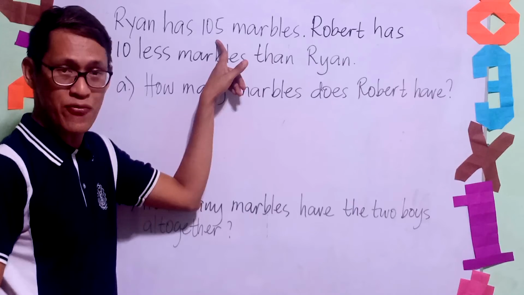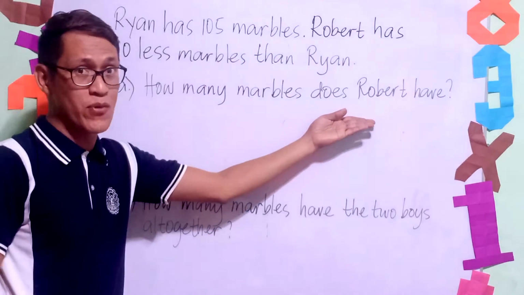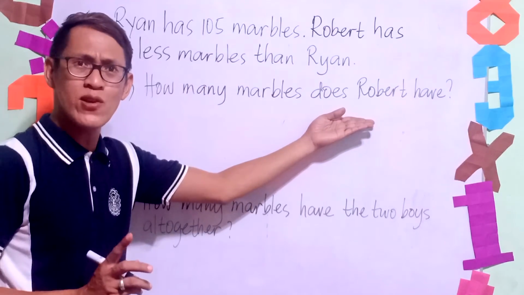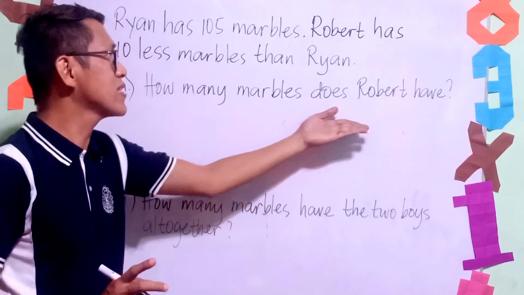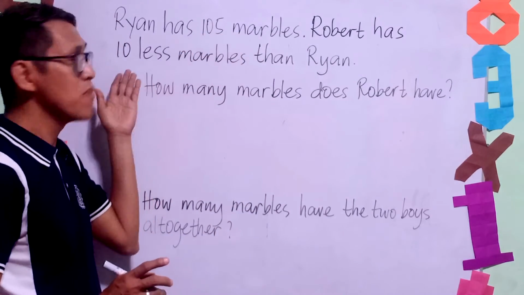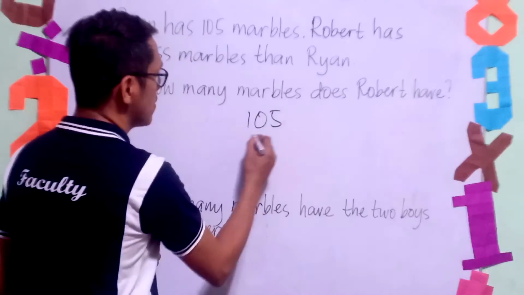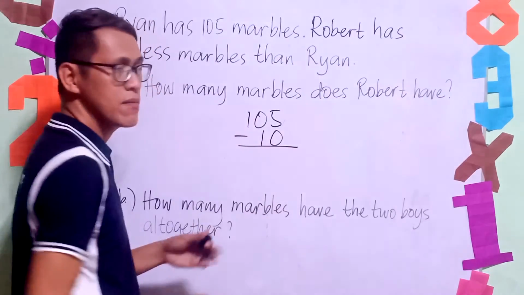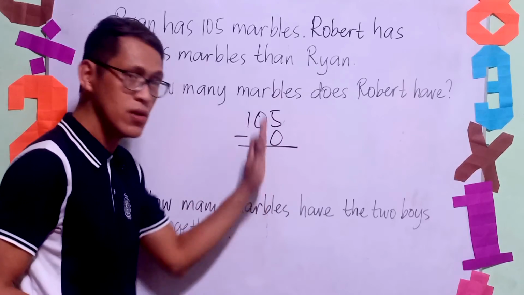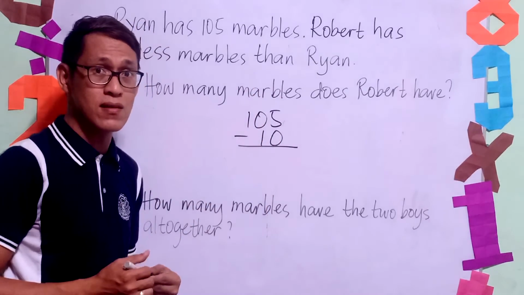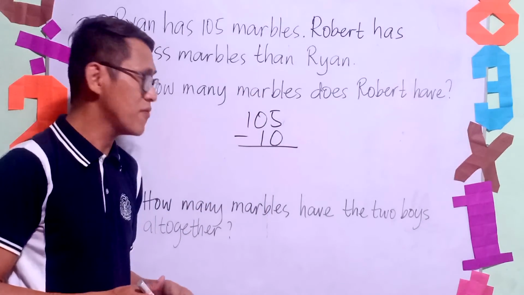Ryan has 105. So to get the number of marbles of Robert, what you will do is subtract 105 minus 10. Again, before you subtract, you have to arrange first the digits in columns according to their place values.